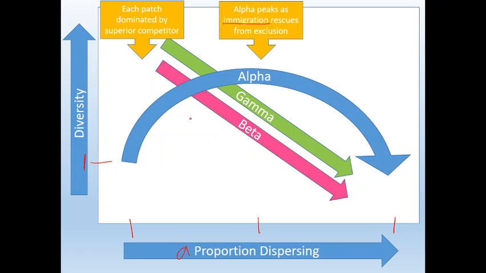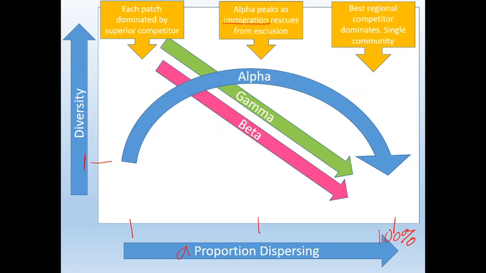You might say, well, why doesn't that continue as you get more and more of the proportion dispersing? What happens is at these really high levels, if 100% of the species in a community disperse everywhere and can disperse between patches, really what you see is there's just a single community, right?